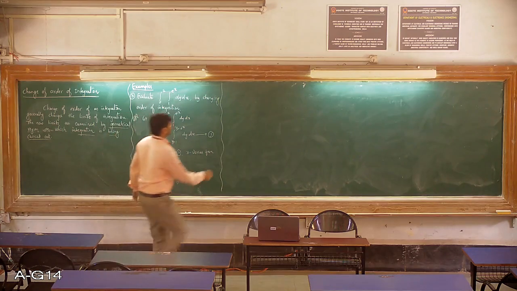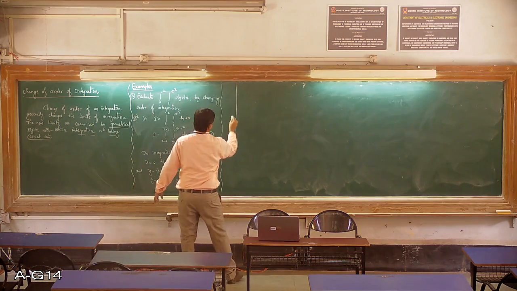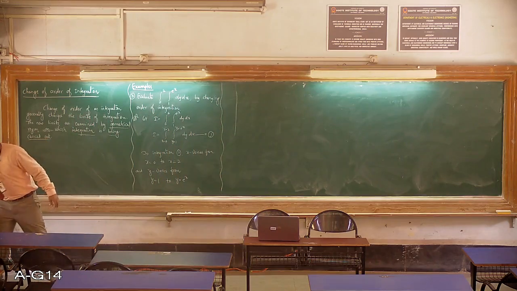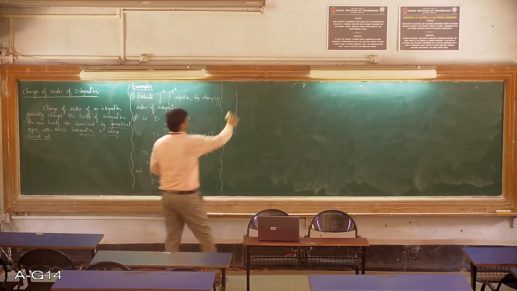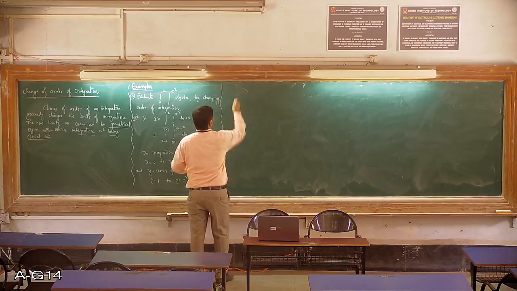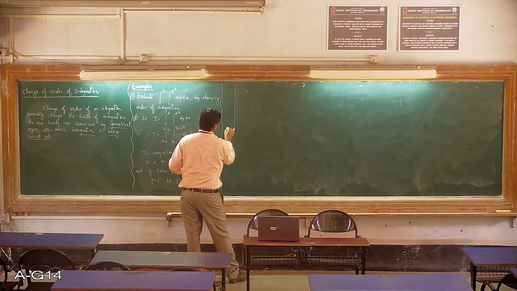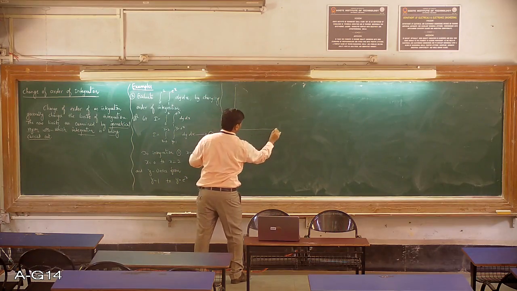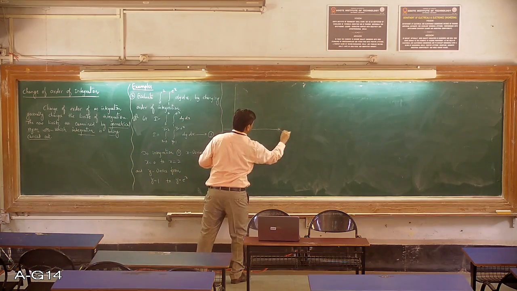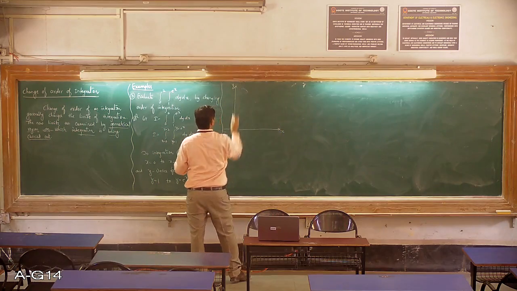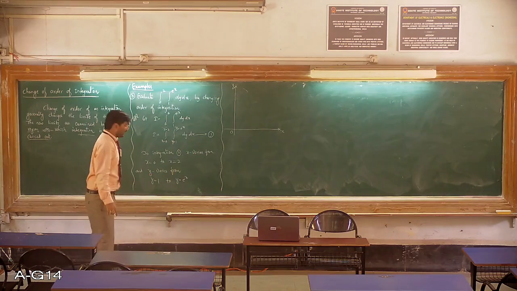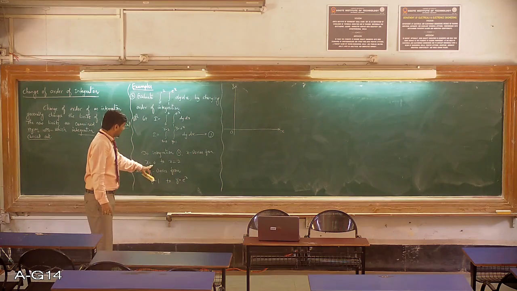Okay, so now here I'll take the x-axis and y-axis. This is the y-axis, this is the x-axis, and here is the origin O. Okay, so now you can see the line x equals 0 means what?